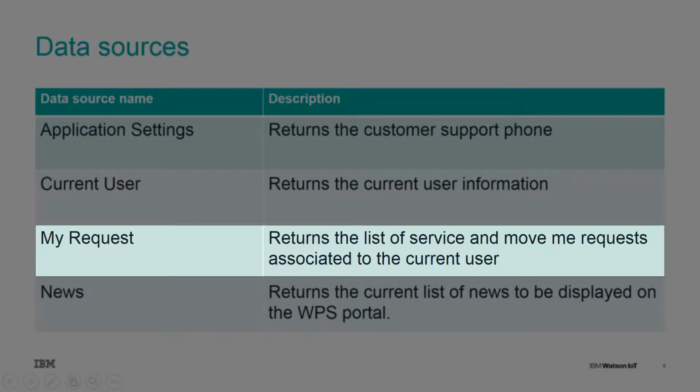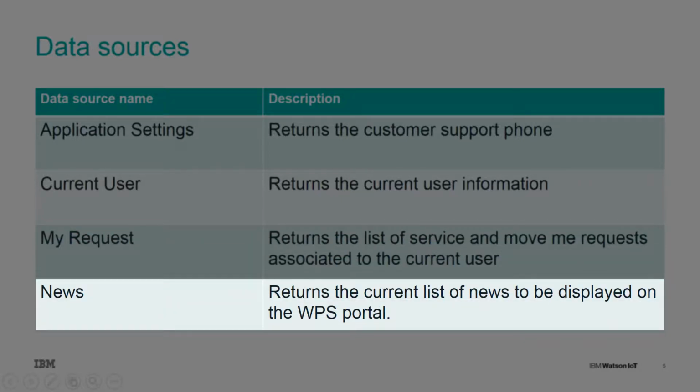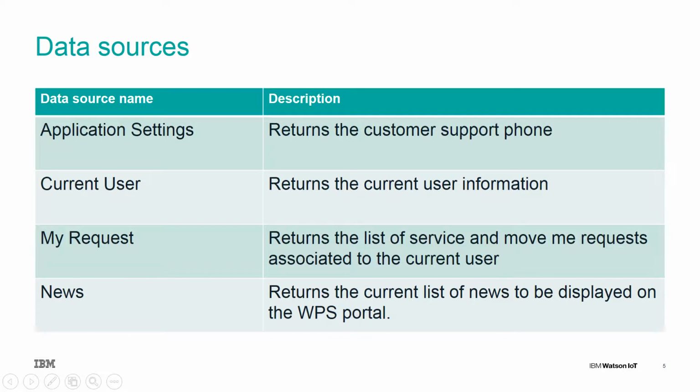And the last one is the News data source that fetches the list of news to be displayed on the portal. Other data displayed on the portal are managed directly by other applications. For example, the list of reservations are returned by a data source of the room reservation application.